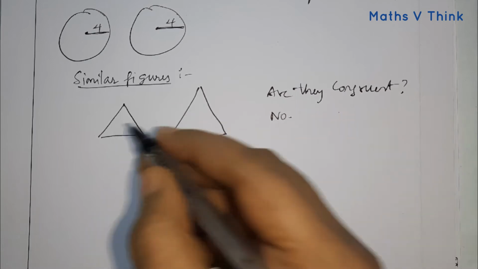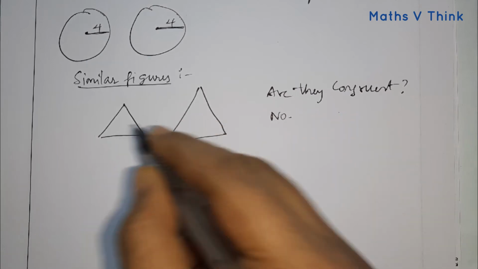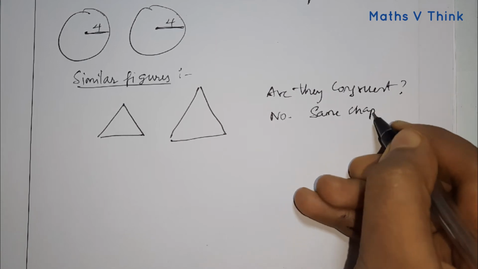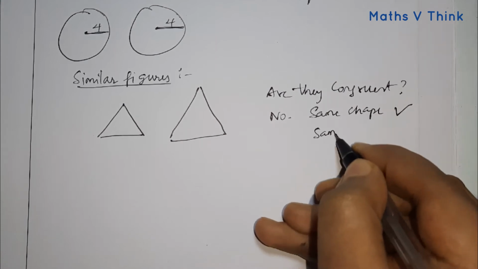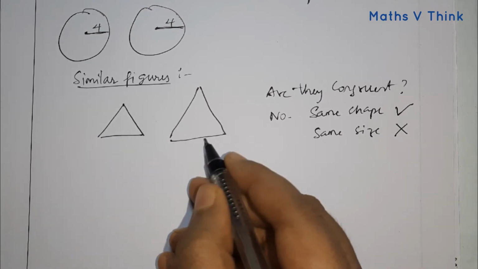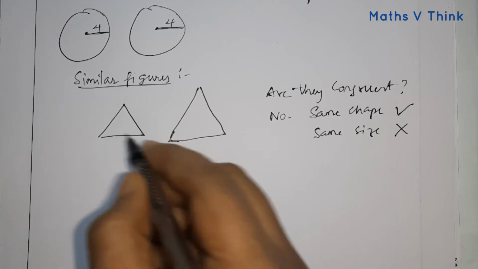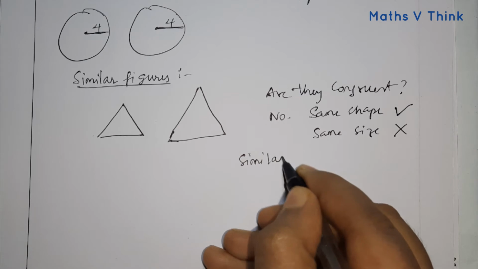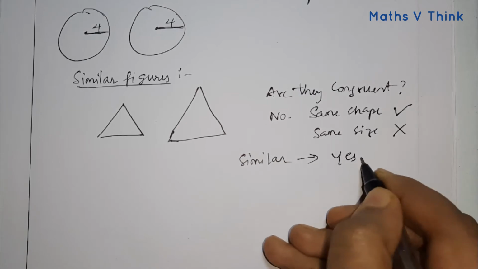Because they have the same shape but they don't have the same size. Same shape is there but same size is not there. Now, are they similar? Both are triangles, yes, so they are similar.